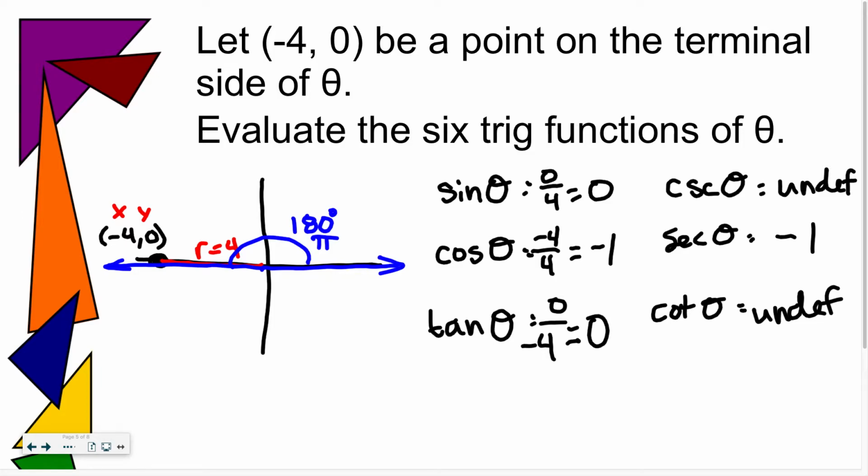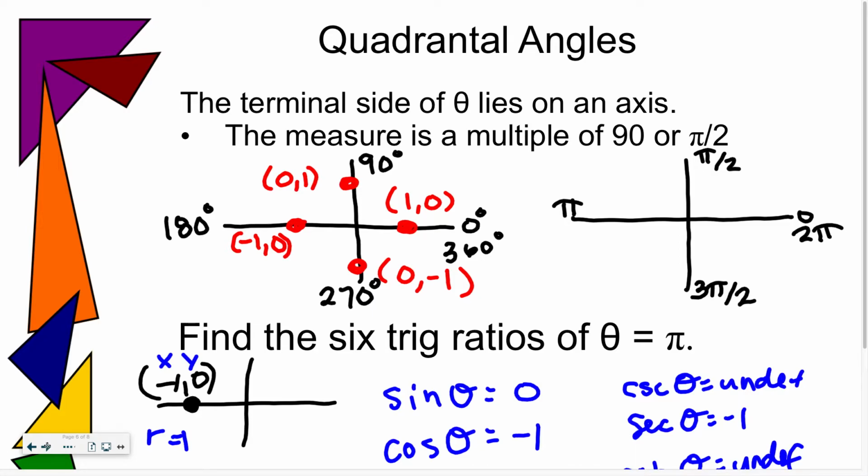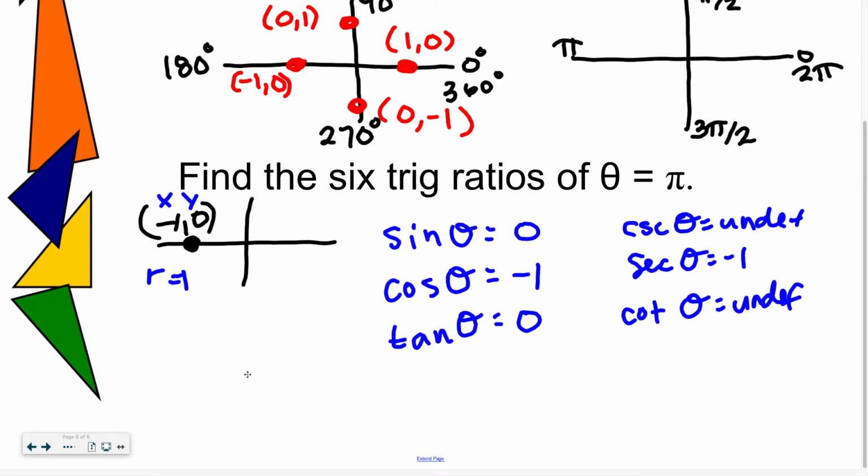So when we do the 6 trig ratios of theta equals pi, we should get the same because it's the same angle. It's a straight angle. It doesn't matter how big your triangles are, they always have the same values for sine, cosine, tangent if they are similar. So this one is similar to the last one.